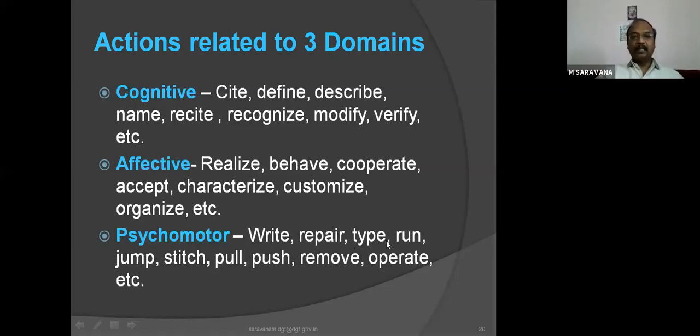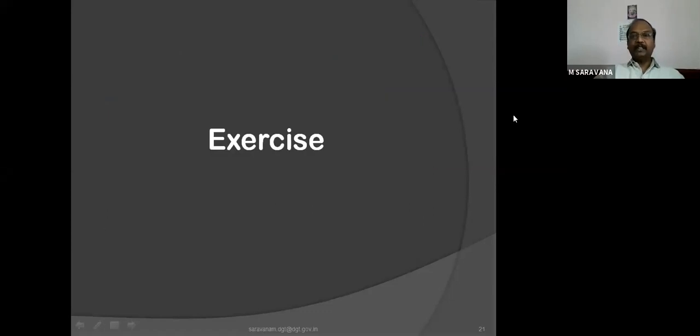Writing, repairing, typing, and all verbs or action words related to skill or the psychomotor domain. So these are the three domains, and the action-oriented terms which are used for writing the instructional objectives. And you will see some exercises after this.